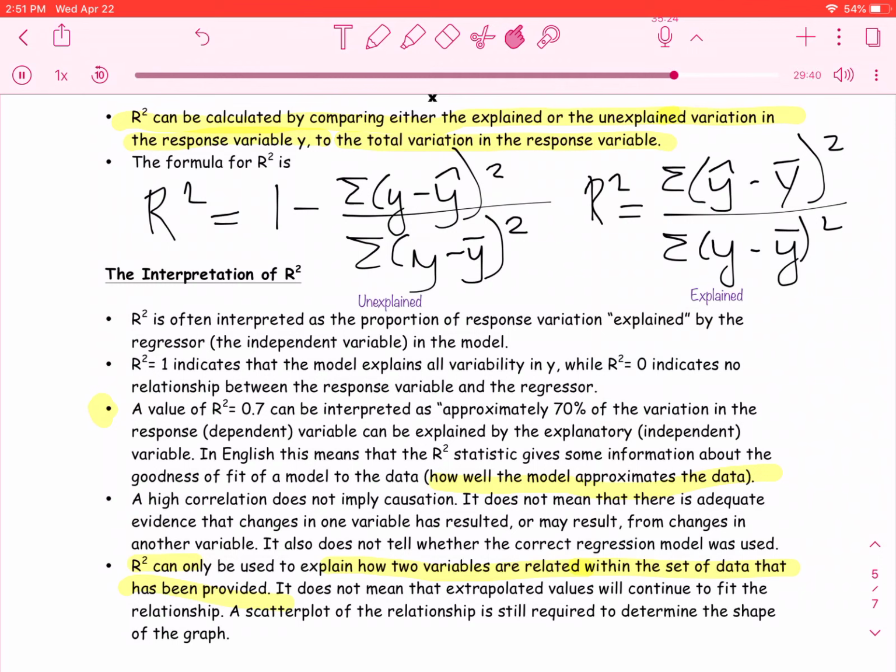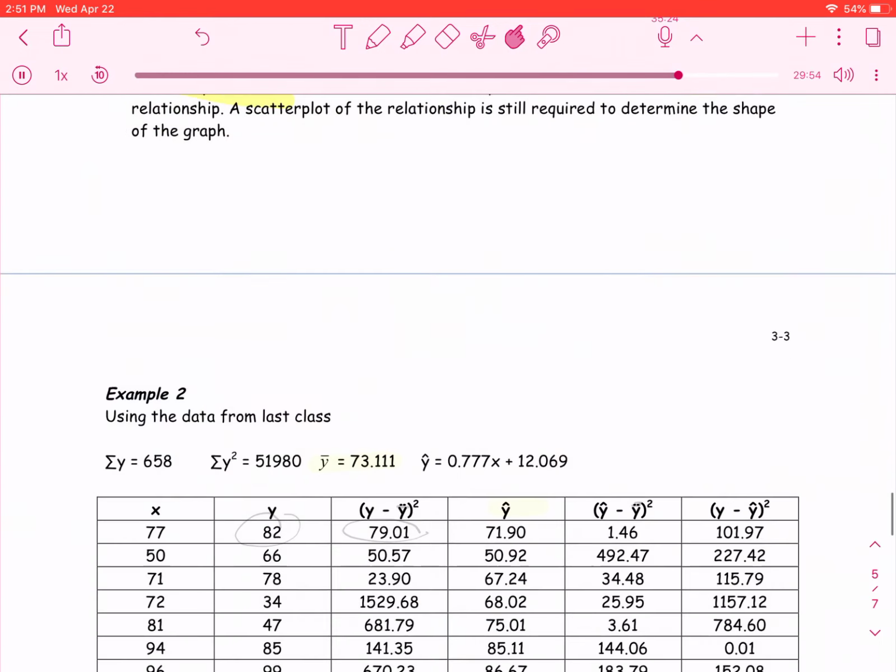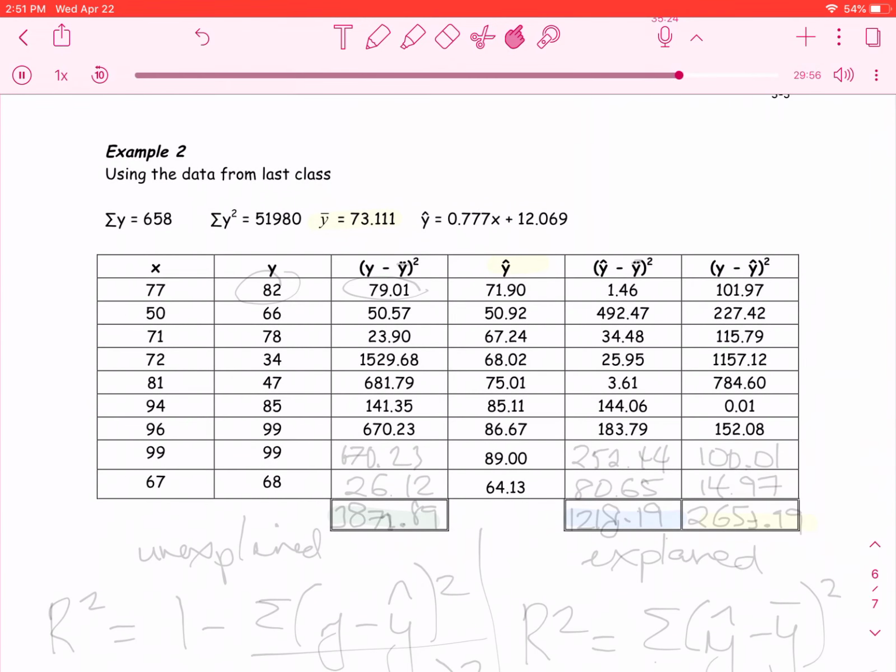Okay, so how this can apply in a chart form. Okay, so we have our sum of y squared, y bar, and our line of best fit equation. Okay, so notice there are a couple of new equations here. That's just going to be y bar.